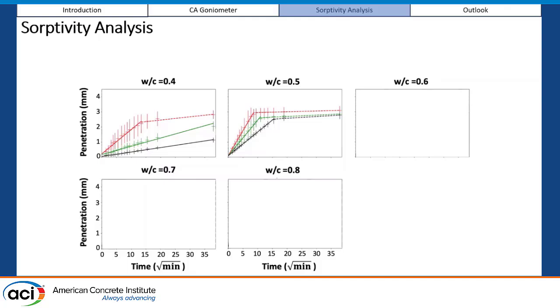That's a great question. First, for concrete, we're now trying to use multi-channel pipettes to detect multiple droplet images at the same time. But for real concrete surfaces where we have carbonation, the surface is more densified because of carbonation.